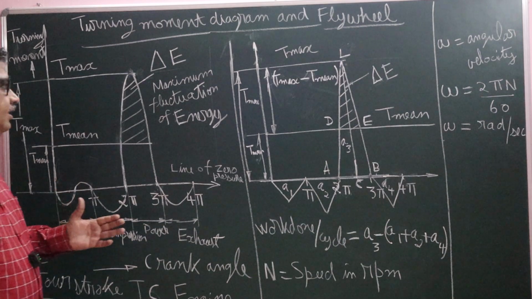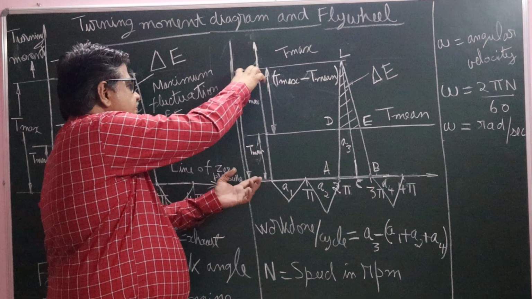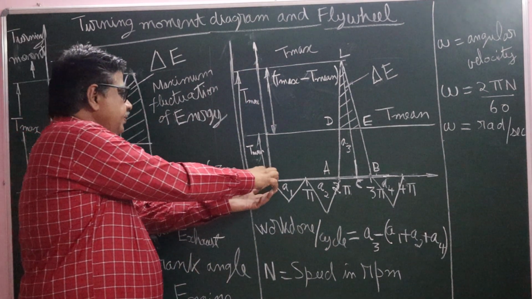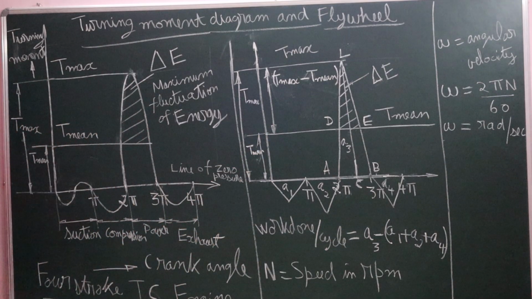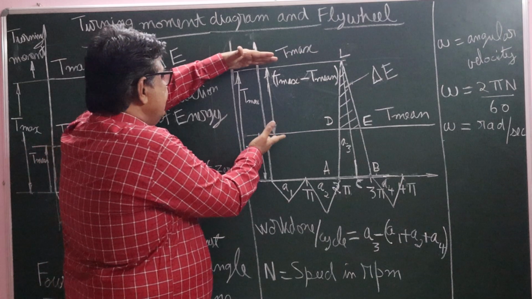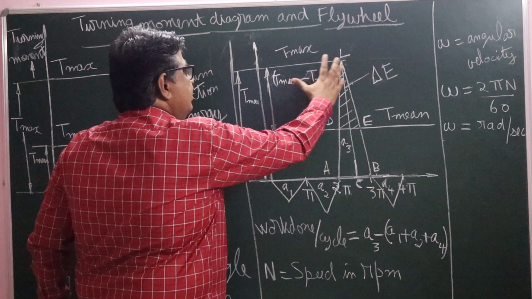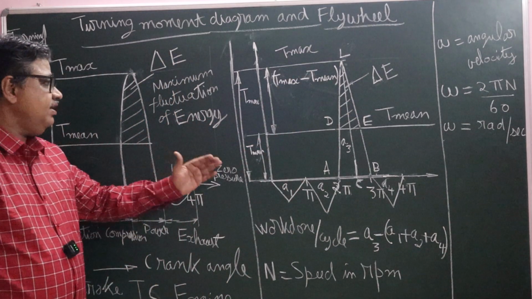Right. Therefore, here, this is the maximum torque T max, maximum turning moment on the flywheel, and this is the mean torque. Mean torque is the engine torque. Therefore, maximum torque minus mean torque, into this angle, will give the maximum fluctuation of energy on the flywheel. The torque on the flywheel varies.